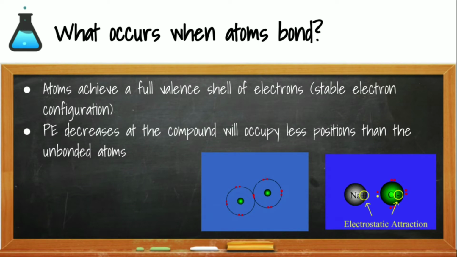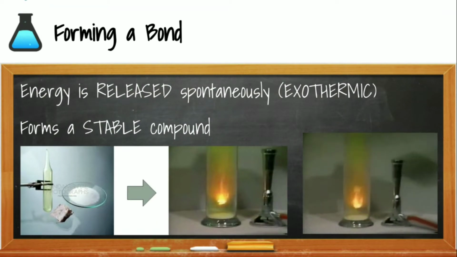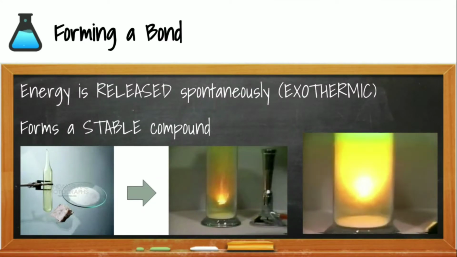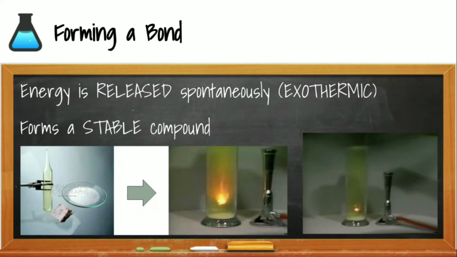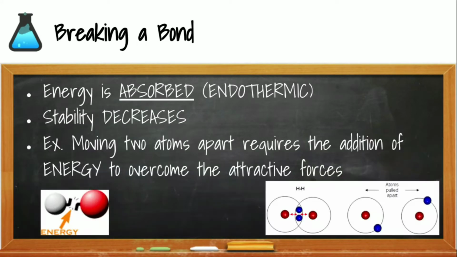As a review from Unit 1, forming bonds is called an exothermic process because energy is released. Breaking bonds always requires energy. Always think that when you want to break a bond, you have to add energy in order to break the attraction.